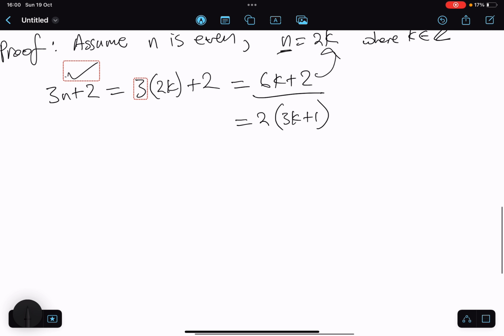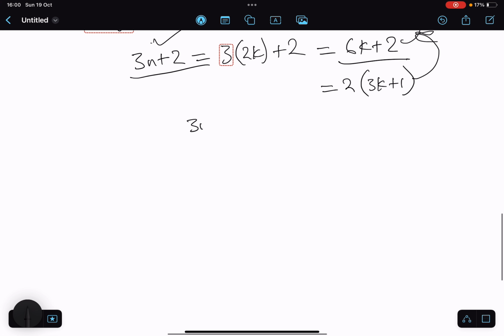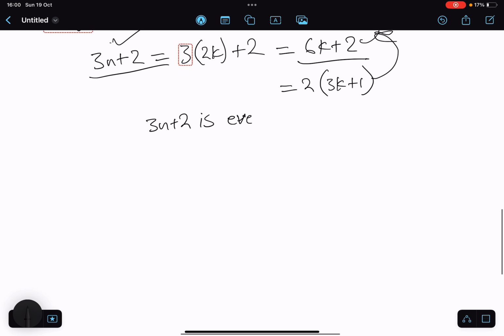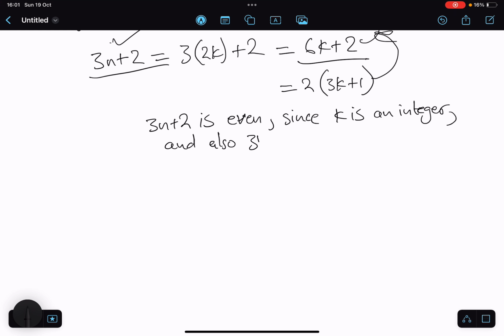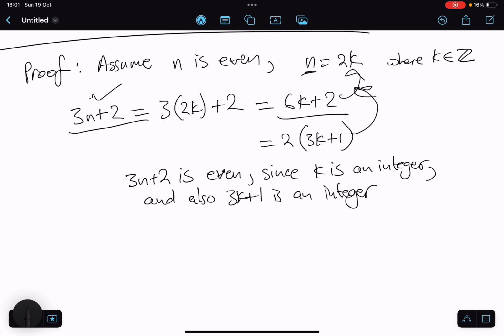So now I have represented 3n plus 2 in this format, which means 3n plus 2 is even, since k is an integer, and also 3k plus 1 is an integer.